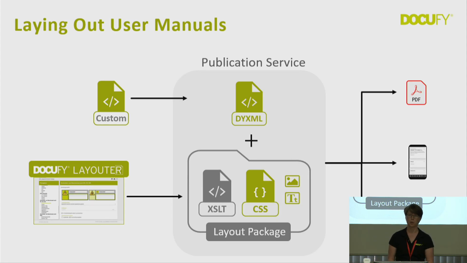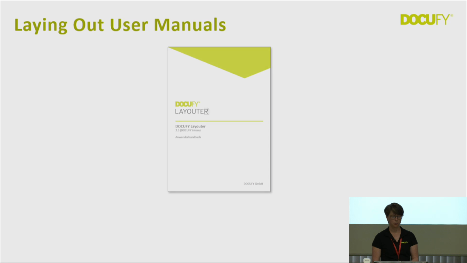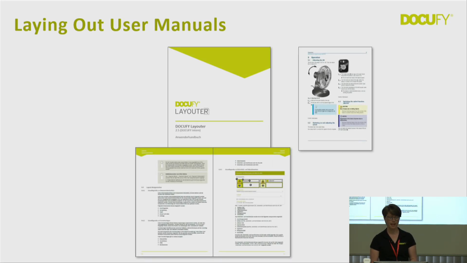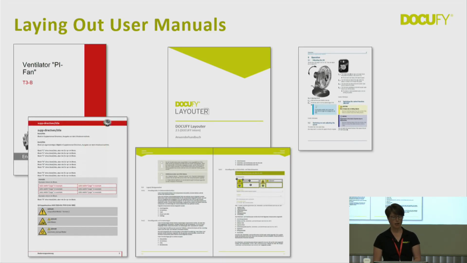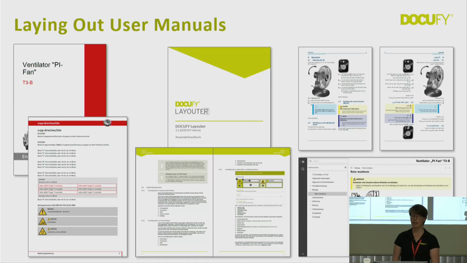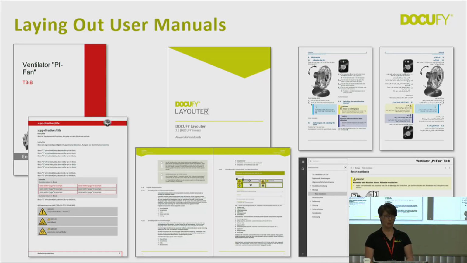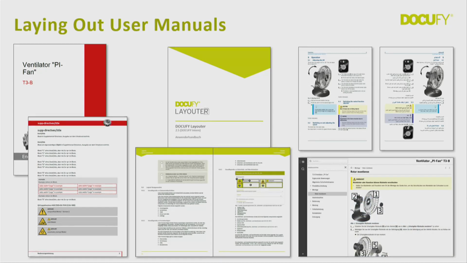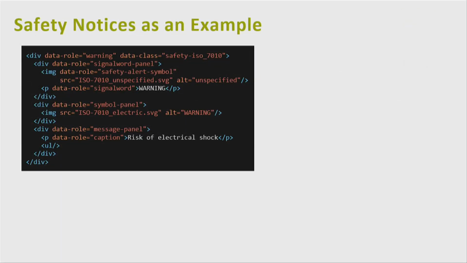So just to show you what Layouter is about, we can configure different layouts, cover pages, multi-column layout, right-to-left layouts, responsive HTML. I can go on with thumb indexes, edge indexes, multilingual documents, and so on. But for this talk and for the issue here, I want to stick to safety and warning notices.